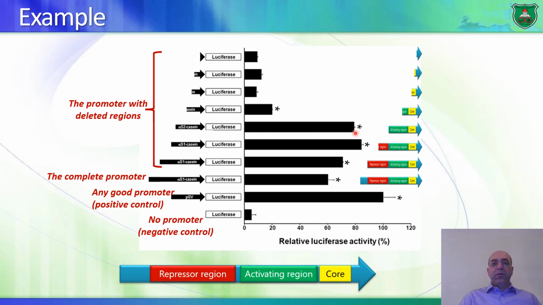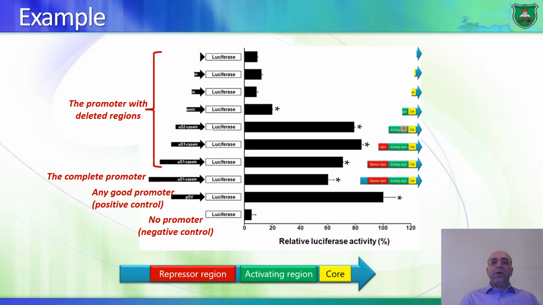So that's good. Then what we do is remove the activating region, and you can see that there is a huge drop in the expression of the luciferase gene. So that tells me that there is an activating region, an element that positively regulates the expression of the gene of interest.